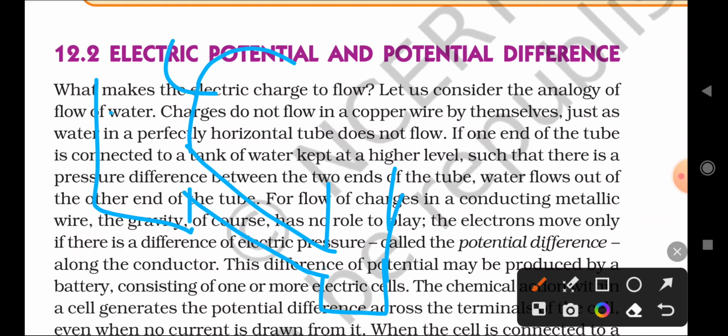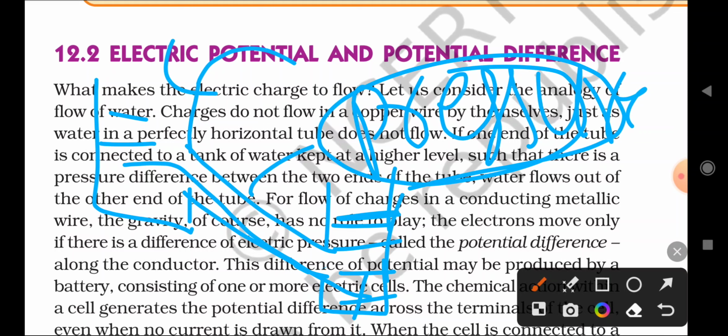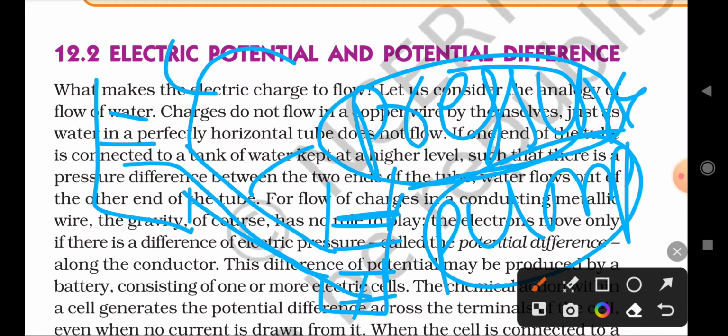The entire water will pass here and fill up, because now there is a pressure difference. So charges move only when there is a pressure difference. Water moves from the upper part to the lower part. To move from the lower part to the upper part, we need to give pressure, like a pump. In agriculture fields and in our homes, we use a pump to lift the water from ground level to the upper side.